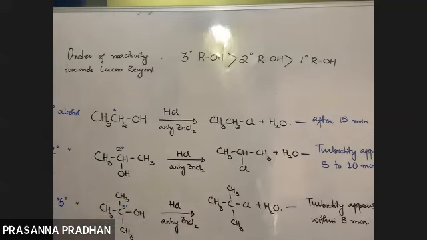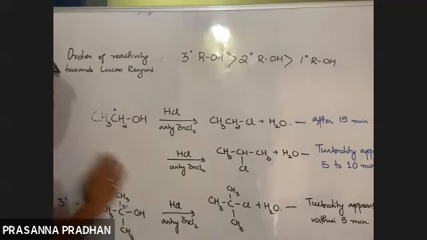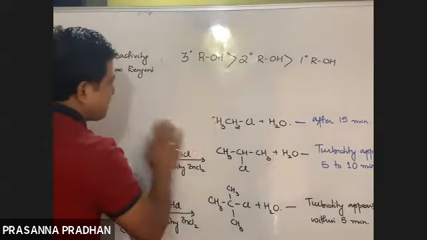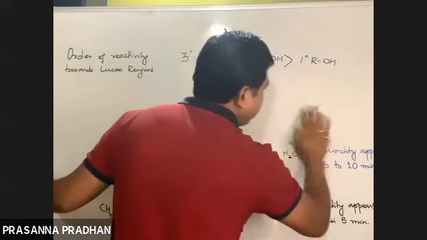So this is how, using this halogen acid HCl, alcohols can be converted into alkyl chlorides. Here you must know the order of reactivity of alcohols. Now let us see. Here we have used which halogen acid? Here we have used HCl.